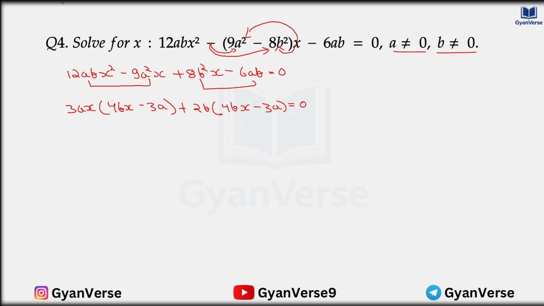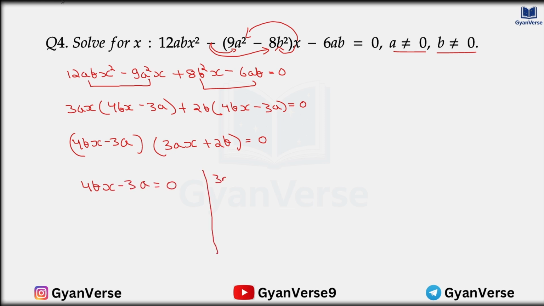Easy, right? So I can take 4bx minus 3a common here, and I will get 3ax plus 2b equals to 0. So either 4bx minus 3a equals to 0 or 3ax plus 2b equals to 0. Now you have to solve for x.